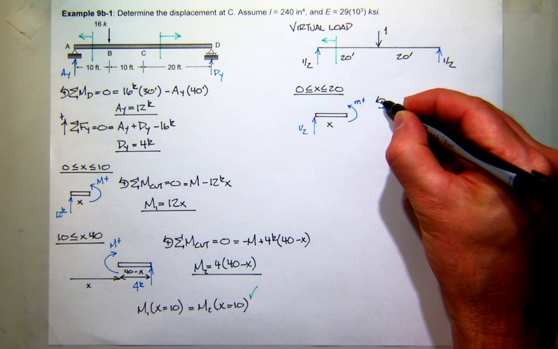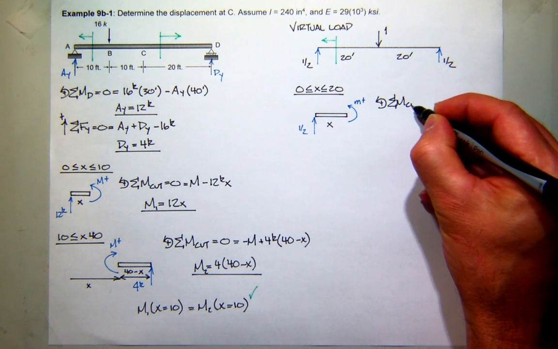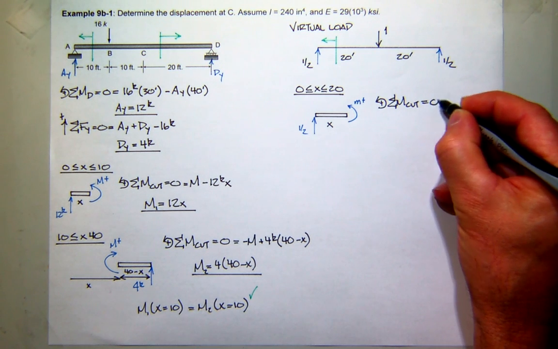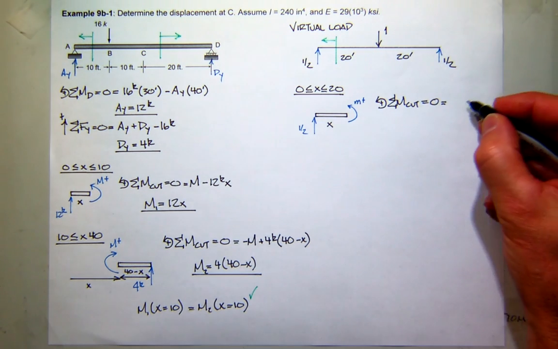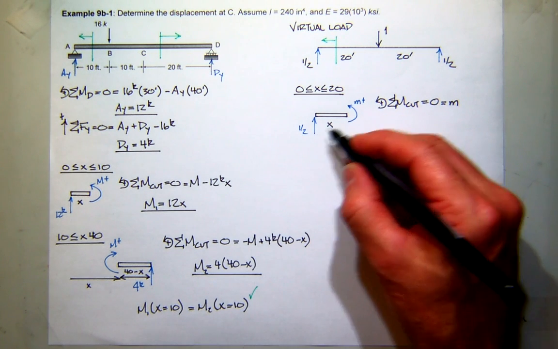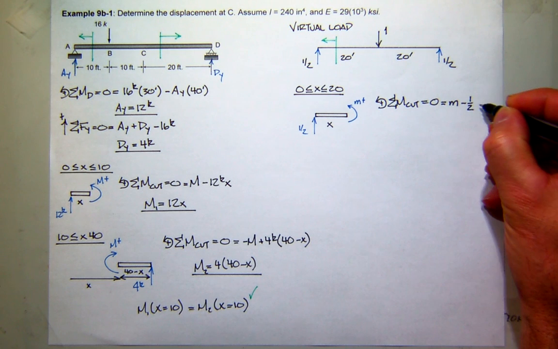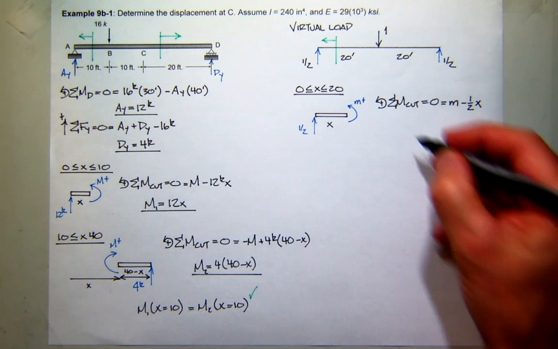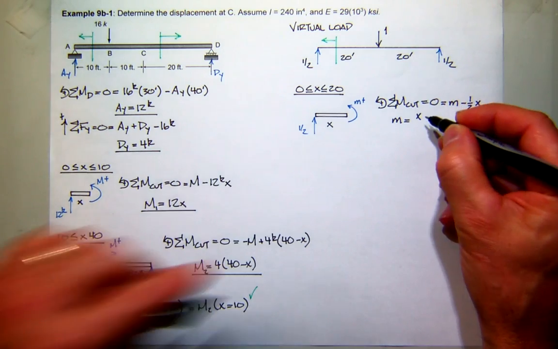So again, I'm going to sum moments at the cut, assume right-hand rule for my sign convention, and then of course make sure everything's in equilibrium. In that case, I have positive moment by my virtual moment and negative moment created by the reaction of 1/2 times the moment arm of x. So it looks like my virtual moment is going to be x over 2.